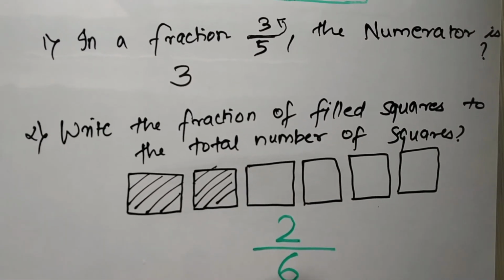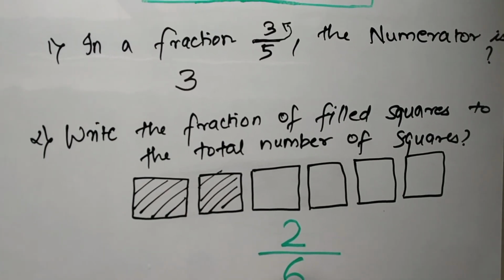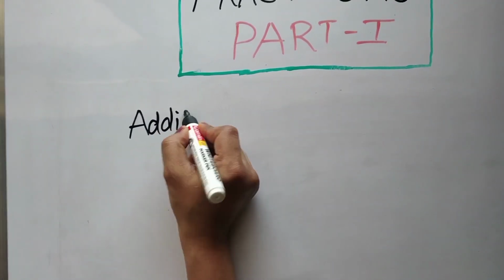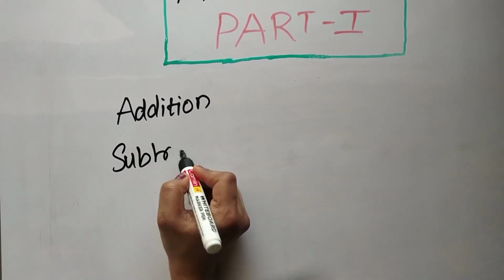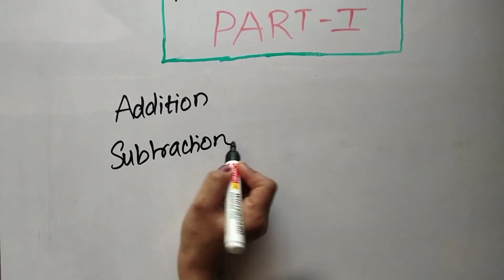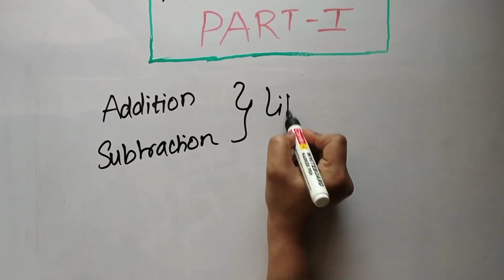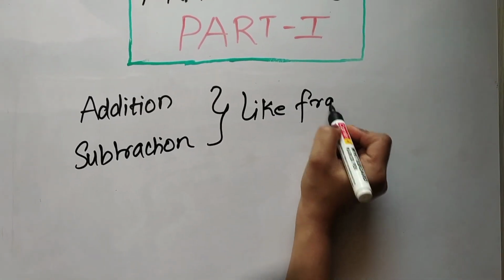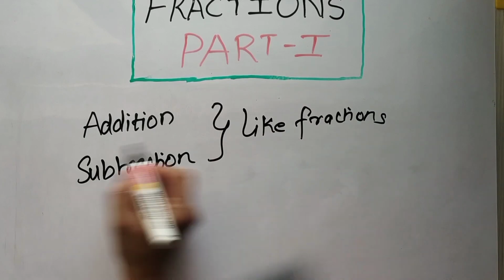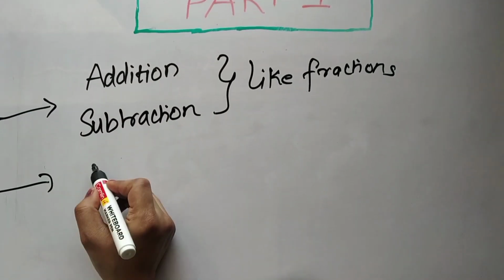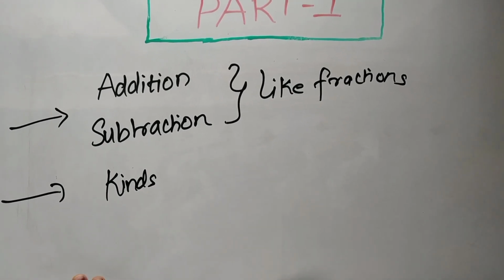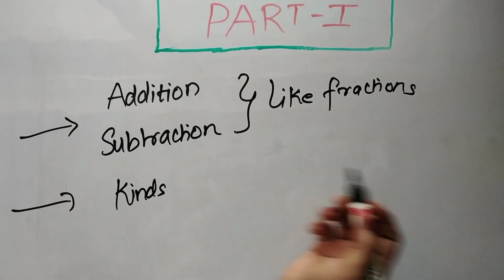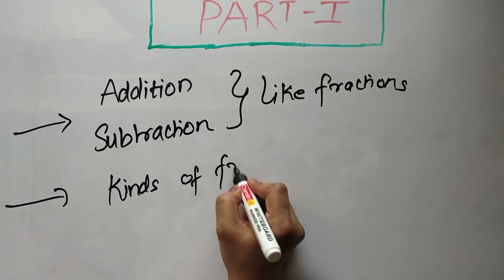After this, we have addition, subtraction of like fractions, other different kinds of fractions. We have seen total 7, out of which we have done only 2. So there are remaining 5 kinds of fractions left.